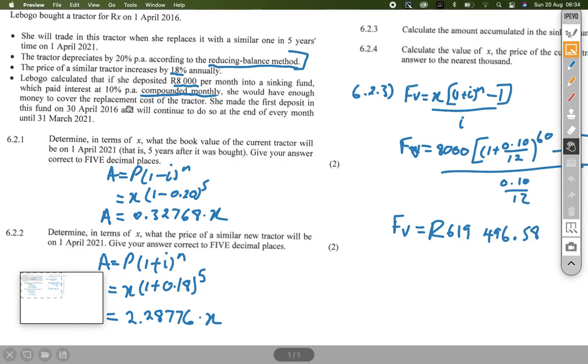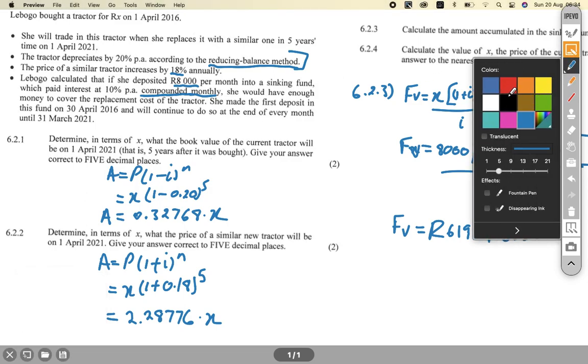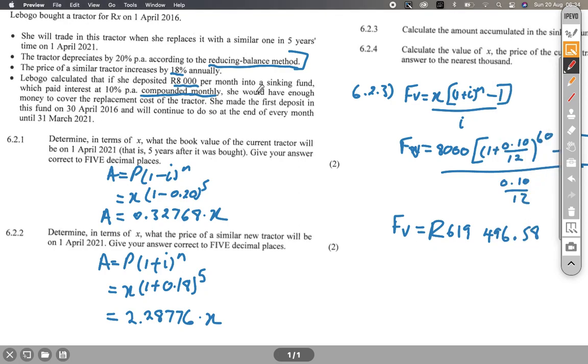And then she was depositing 8,000 per month into the sinking fund. And this money, as said, would be enough to cover the replacement cost.